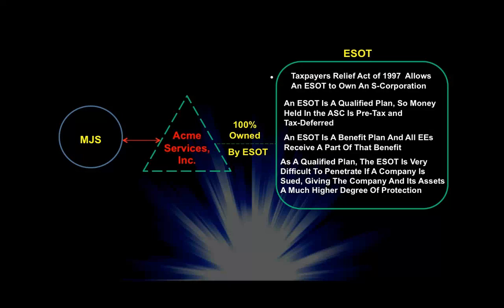So the ESOT, being a tax-deferred entity and owning Acme Services, allows us to recapture all of that money, that 55 cents of every dollar that ordinarily would be taxable. So that's a very, very strong piece of leverage right there.